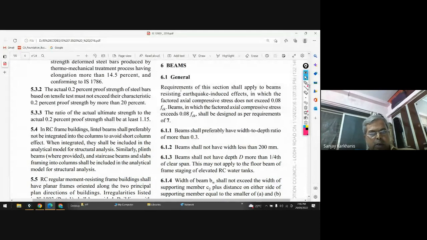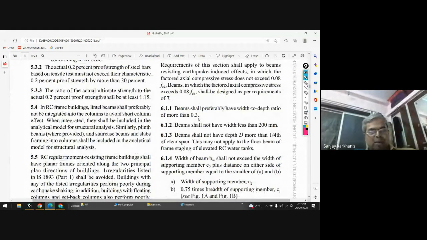Okay, then this was what we were discussing. The requirement for beams: axial compressive stress shall not exceed 0.08 fck. That means the members that we are calling beams, the code is taking care that they are not actually stressed.